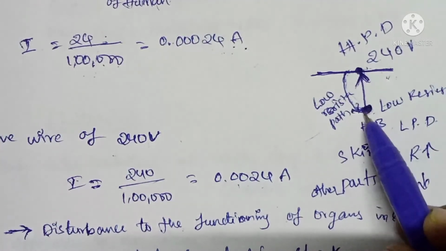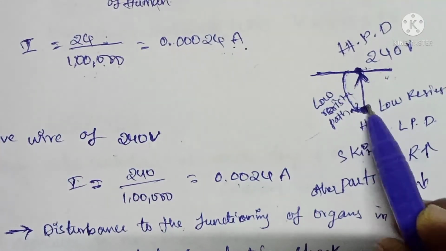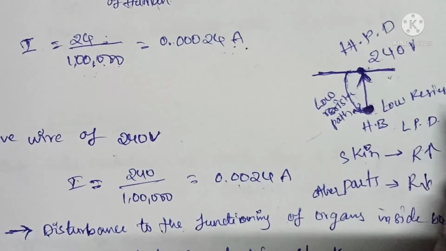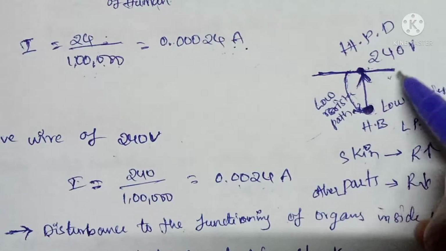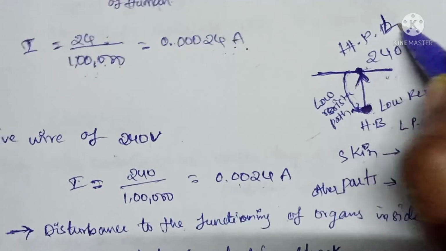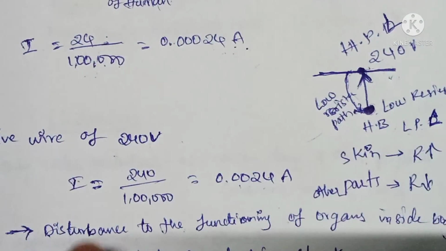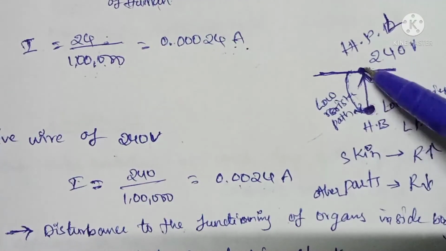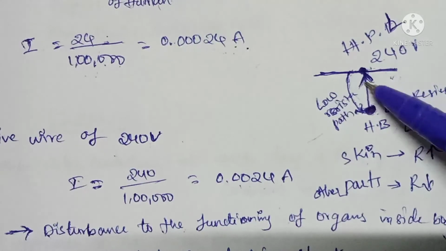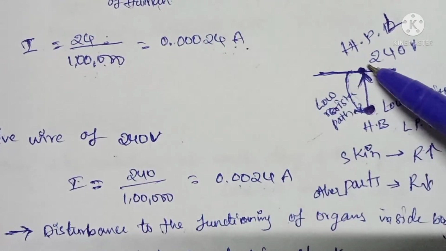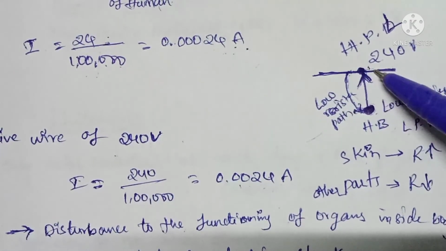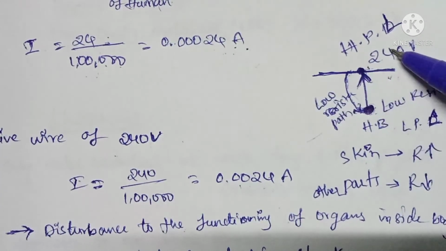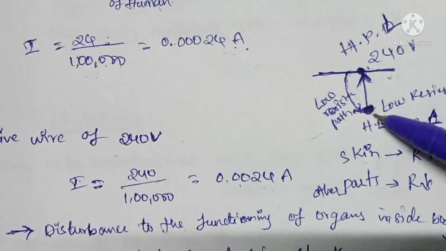Earth is at a low potential level, and the 240 volt live wire is at a high potential level. So when we touch the live wire of 240 volts, there is a large potential difference between earth and the 240 volt wire. The current flows from higher potential level to lower potential level.